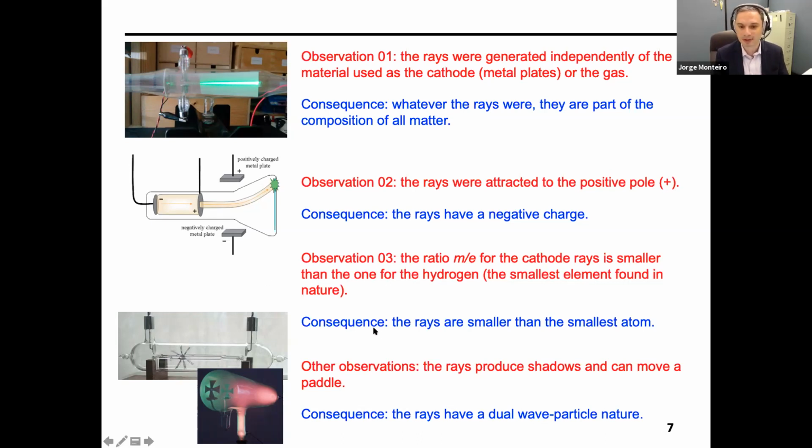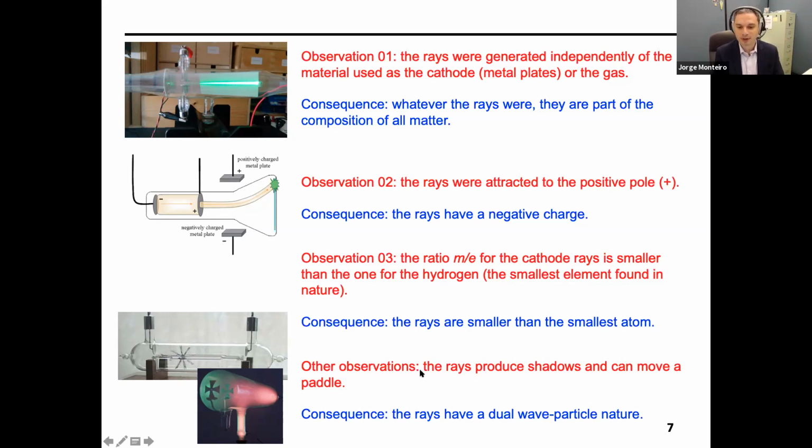The consequence of that is that the rays are smaller than the smallest atom. So therefore, we have something that is present in the composition of the atom. It has negative charge and it has a very low mass.